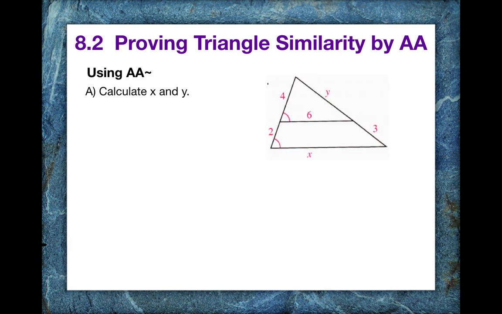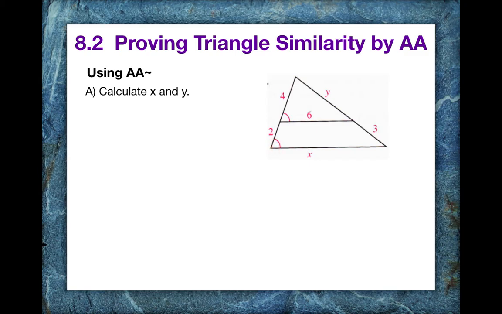Now let's actually do a little bit of calculating. Let's see if this triangle up here is similar to this triangle down here. Well, I have this common angle between the two triangles, and then I have this angle congruent to that angle. Angle-angle similarity.